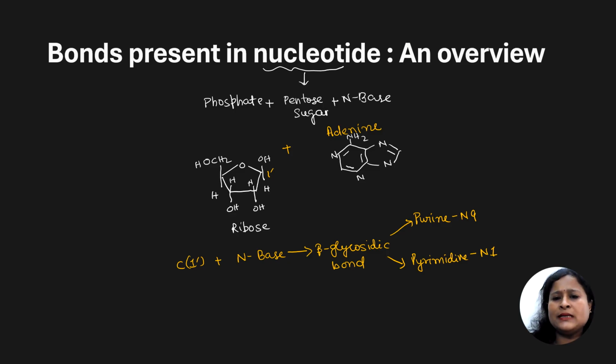So this is number 9. This nitrogen forms the bond with the OH of the ribose sugar.